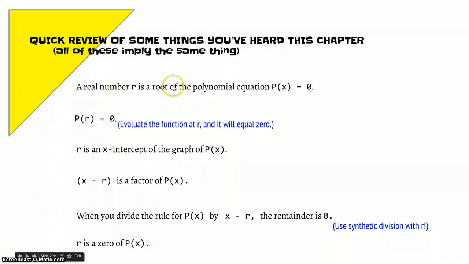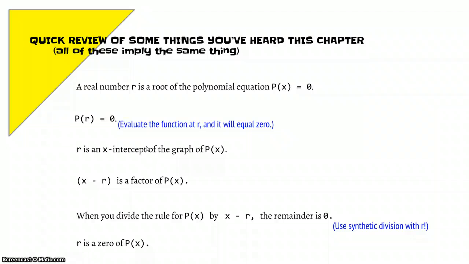So if I tell you that 6 is a root, that means that x minus 6 is a factor. And when I divide the polynomial by x minus 6, my remainder is 0. If I plug in 6 to the polynomial, it equals 0. All of these are connected, which is super cool. Like, how sweet is this, for real?